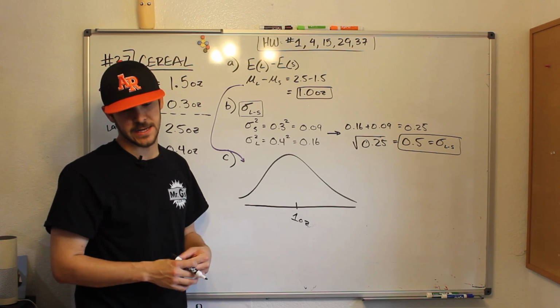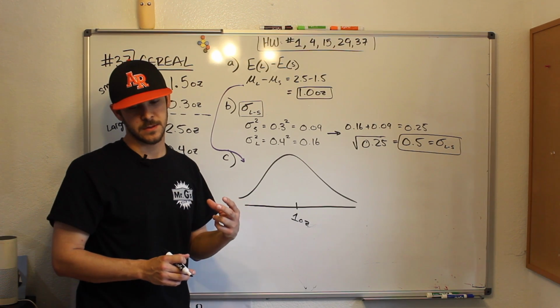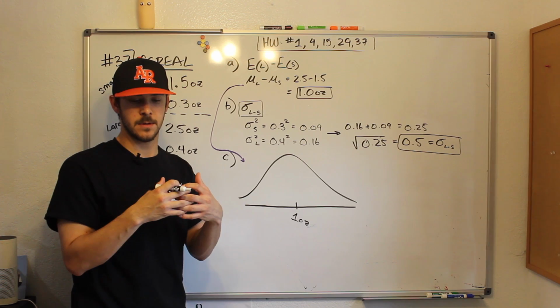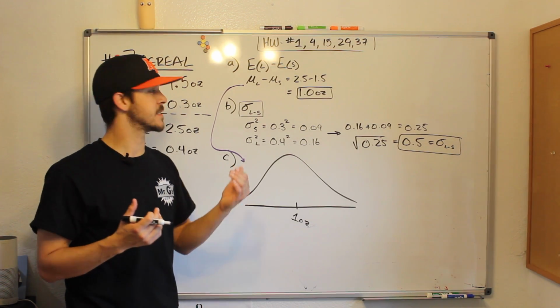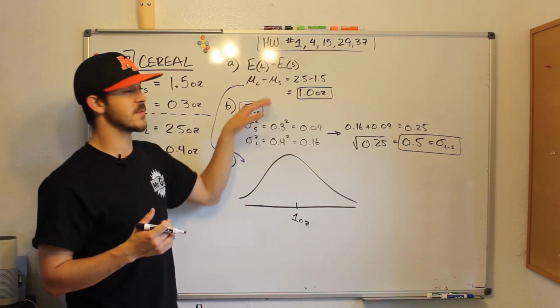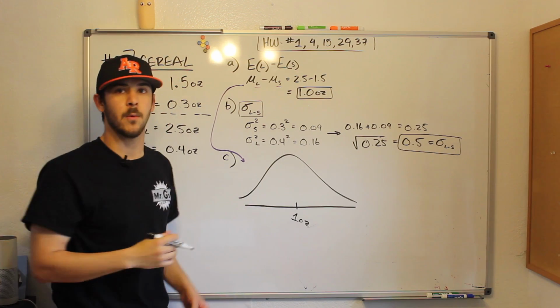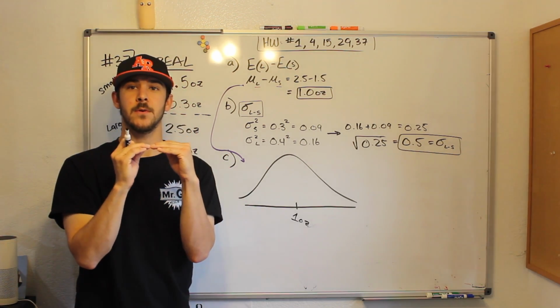In order for us to find that answer, the small bowl will contain more cereal than the large bowl when the difference between the two is less than 0. When we take the difference between the two, the large bowl and the small bowl will have the exact same value if the difference is 0.